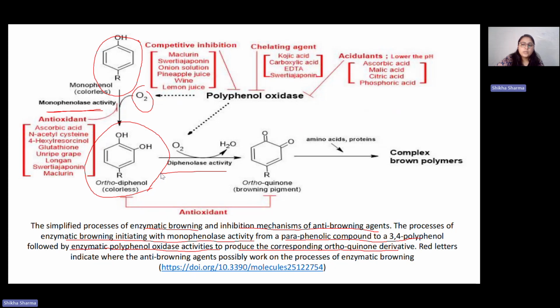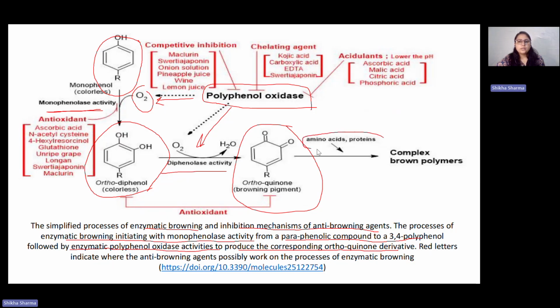Polyphenol oxidase acts here, and here also, in the presence of oxygen, and it will convert diphenols into orthoquinones, which are browning compounds.